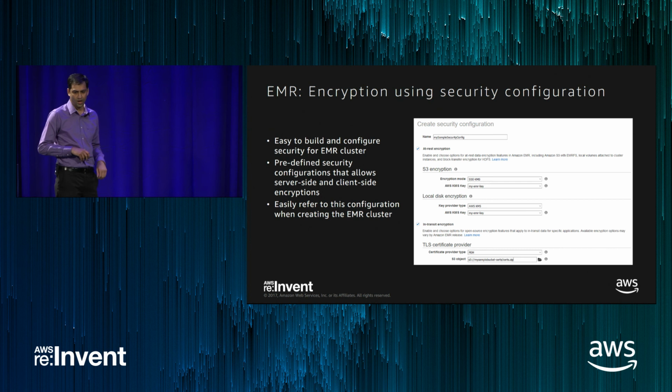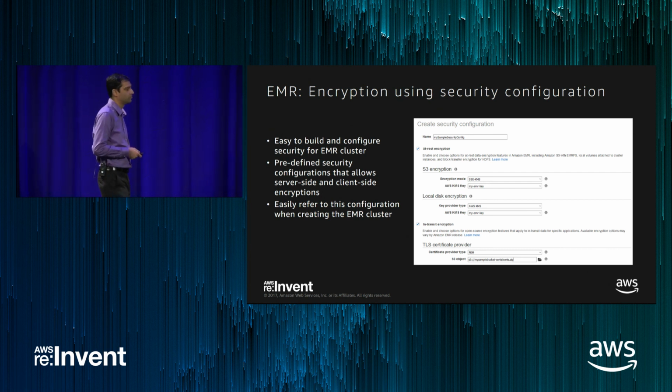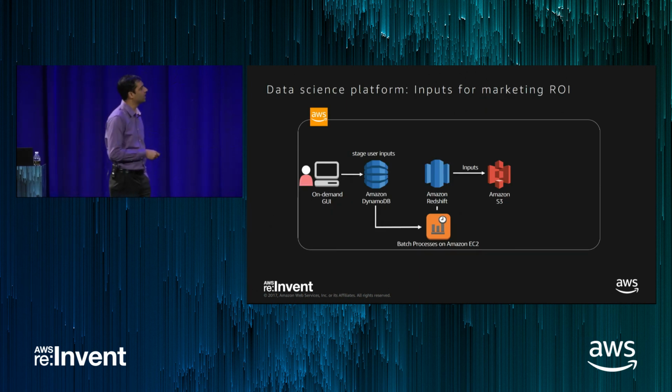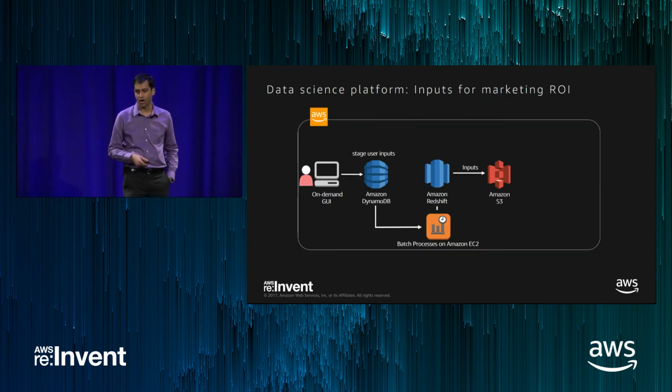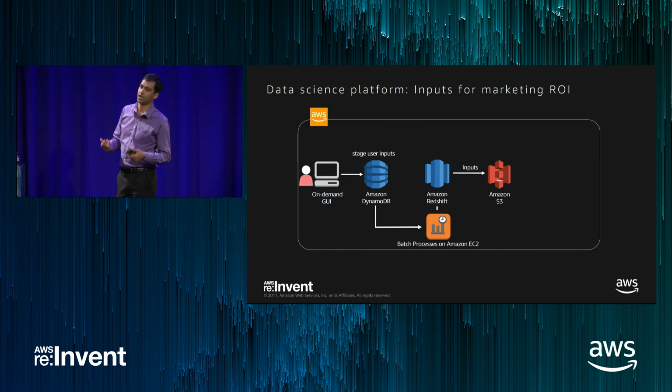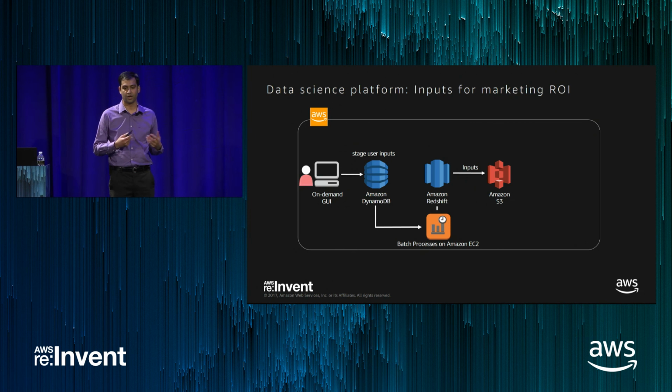Let's switch gears from security and the features and details into the greater details of different components of the platform itself. In this slide, we are showing how we are collecting inputs for marketing ROI analysis that our end users are submitting.